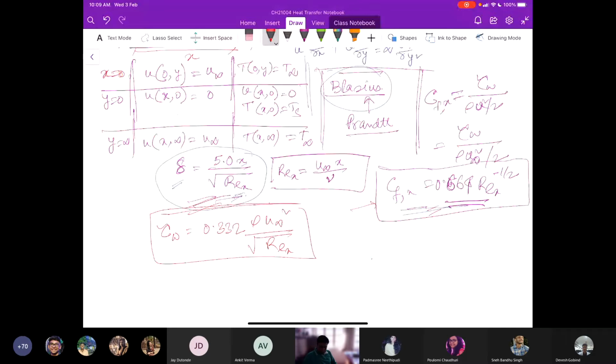We have followed the standard conventional nomenclature. Rho is the density, u infinity is the free stream velocity, and this is the local Reynolds number.